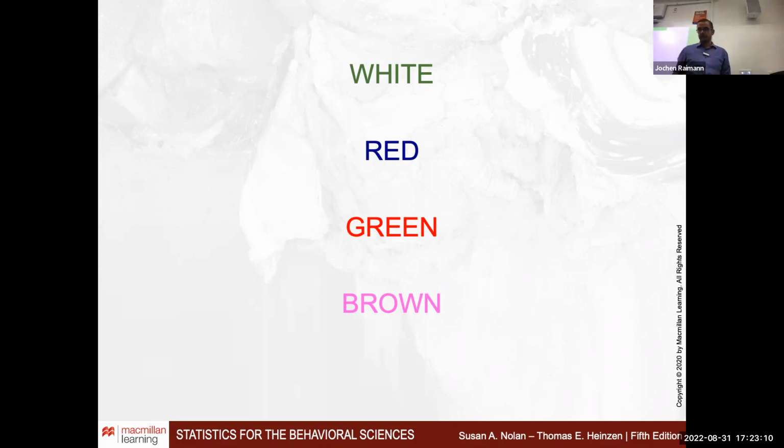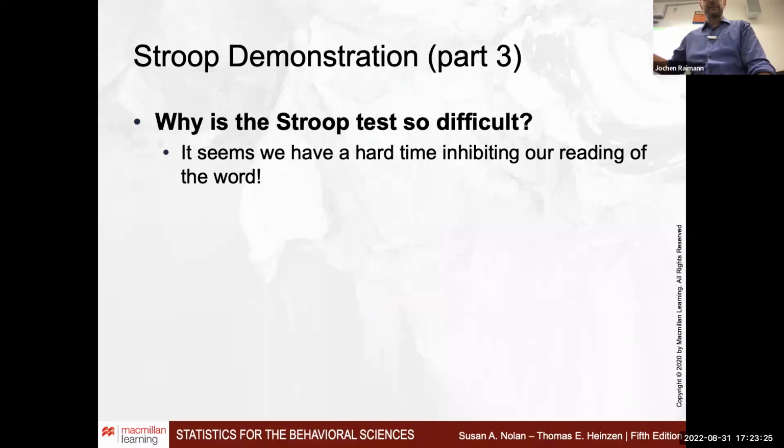But you need to take a step back and look at the font. You need to activate a different center of your brain, and then you should give the response, which takes you longer. So it seems we have a hard time inhibiting that.